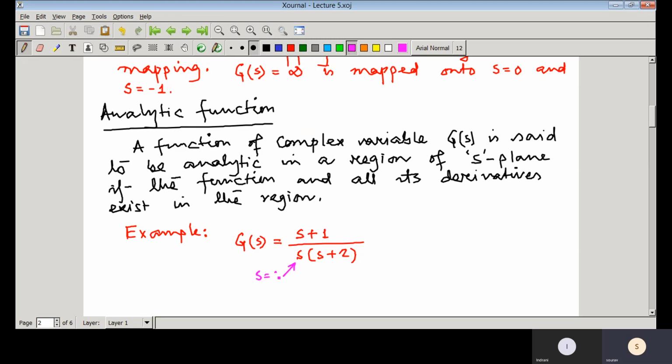So that means if you put s equal to 0, or if you put s equal to -2, so at those 2 points this function would be infinite. That means those are not defined. So we can say that this function is analytic except s equal to 0 and s equal to -2.